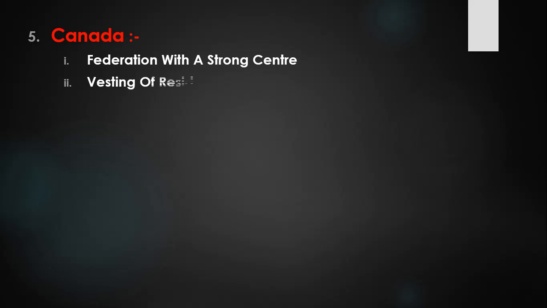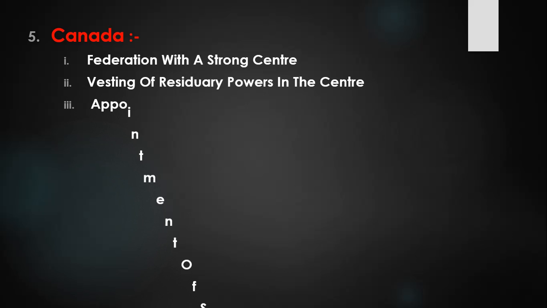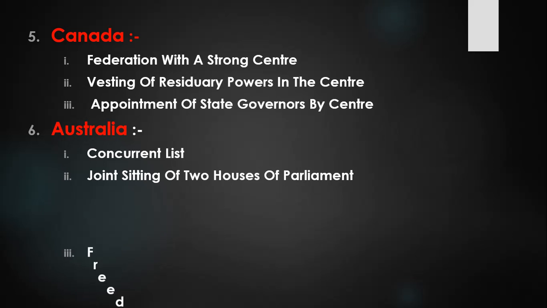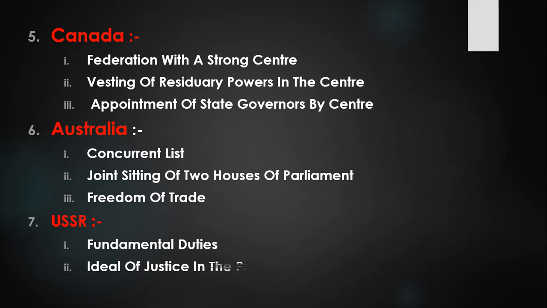Now friends, what have we adopted from the Canadian Constitution? Federation with a strong center. Now what does it mean? In theory, India is a federal country, meaning there is a central government and there are state governments, but actually the central government of India is very powerful.